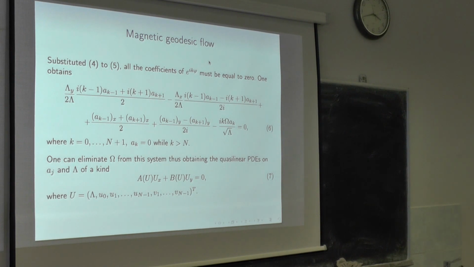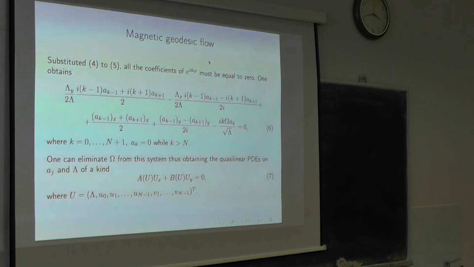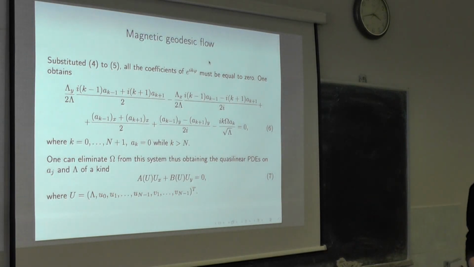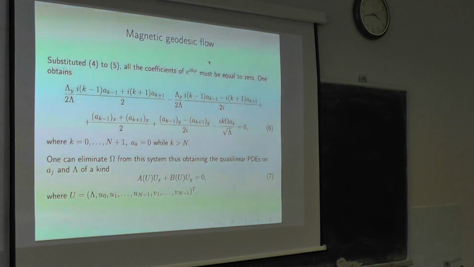Making some simple calculations, we obtain a partial differential equation system on the coefficients of the first integral and the magnetic field, which can be eliminated from the system. Again, the question is reduced to the existence of smooth periodic solutions of such a system.